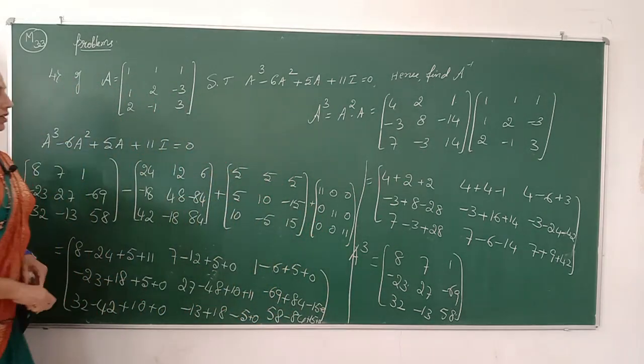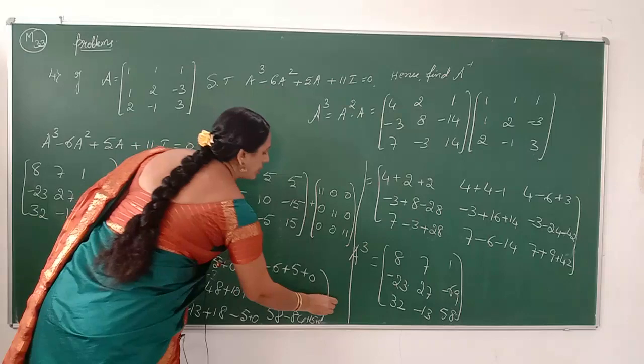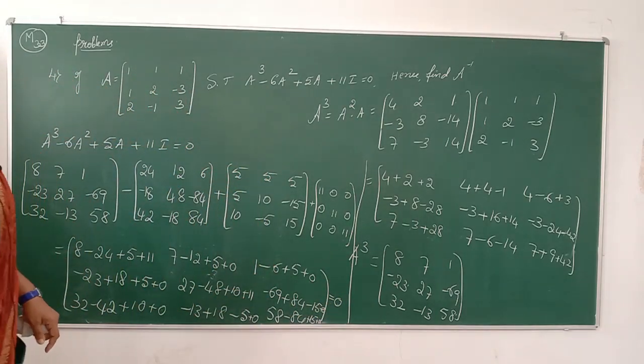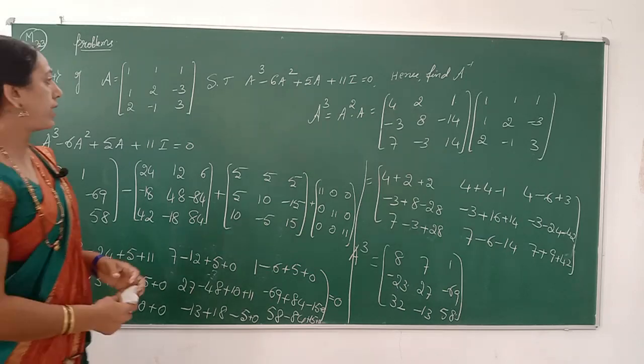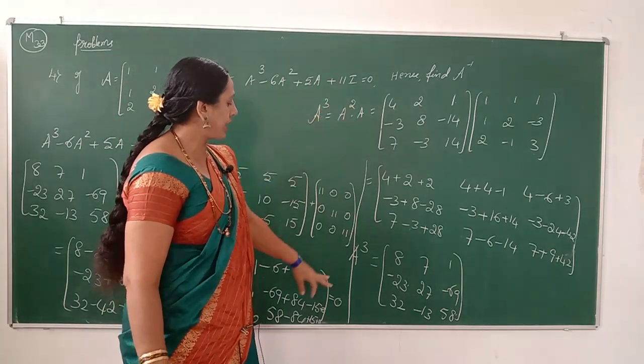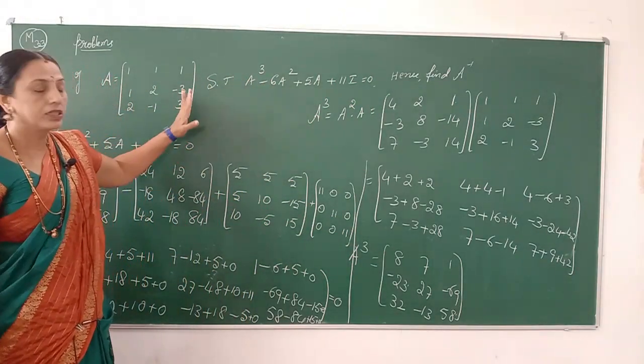So we check whether all the elements after addition and subtraction are 0. Therefore the LHS of the given equation, A cube minus 6A square plus 5A plus 11I, is equal to 0. That is one part of the given condition.